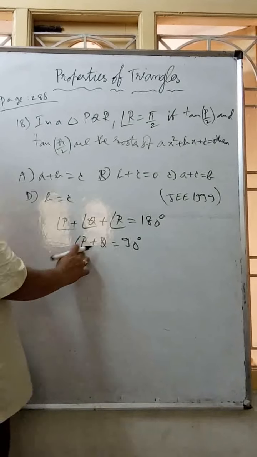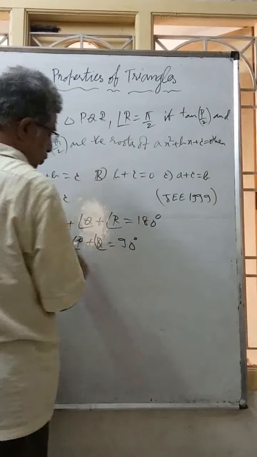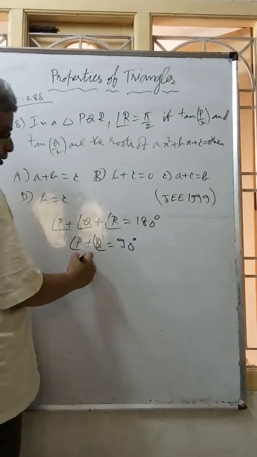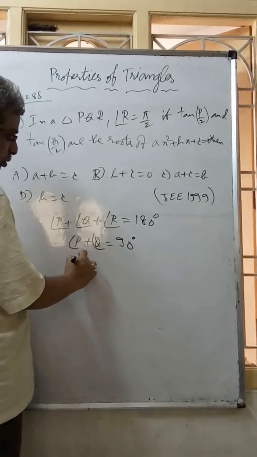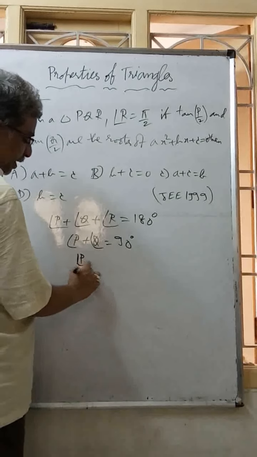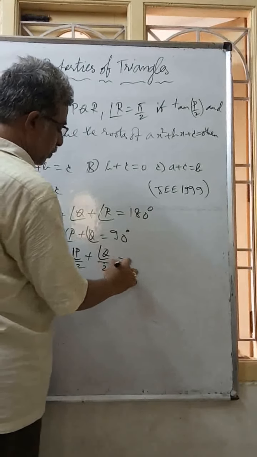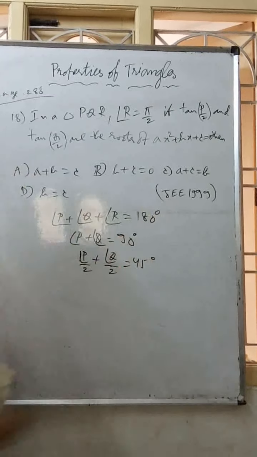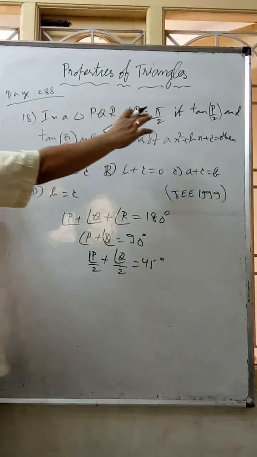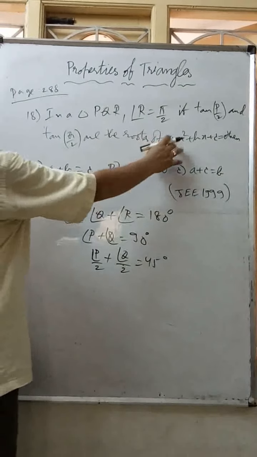I need P by 2 and Q by 2, so I will divide by 2. So angle P by 2 plus angle Q by 2 equals 45 degrees. Keep it aside. Now he is giving that tan P by 2 and tan Q by 2 are the roots of this equation.